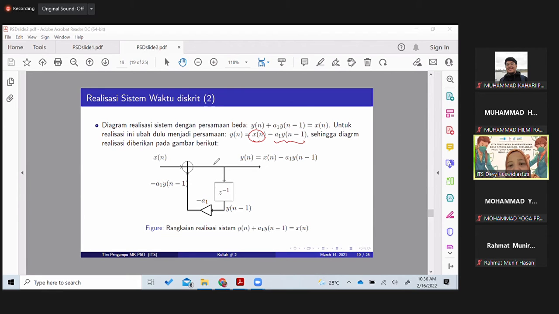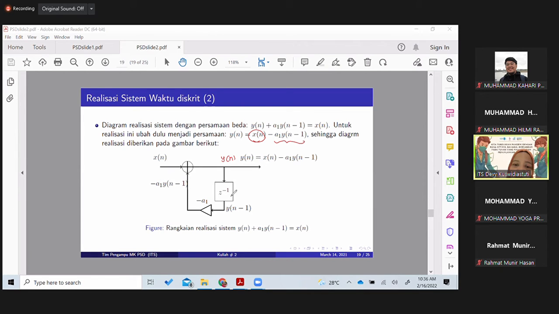Here we have yn, and there is an intersection, a branch, where the output yn goes to a shift register.